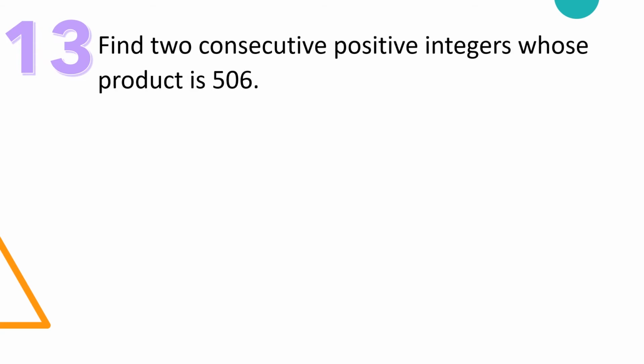Number 13, find two consecutive positive integers whose product is 506. Let us use the continuous division to get the prime factorization of 506, but let us stop when we already have two positive integers whose product is 506. 506 can be divided by 2, so we have 2, 5, 3. 253 can be divided by 11 since 2 plus 3 is equal to 5. 25 divided by 11 is 2.